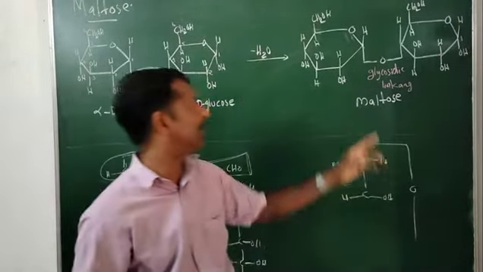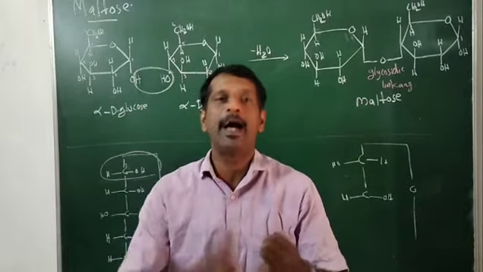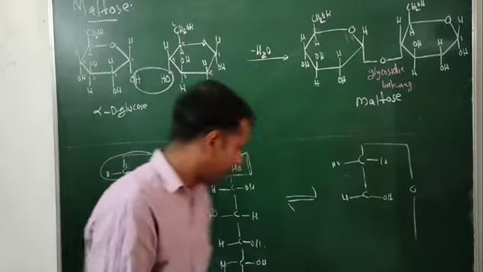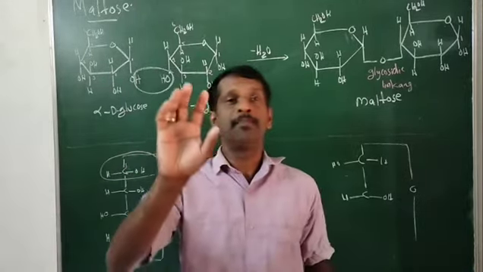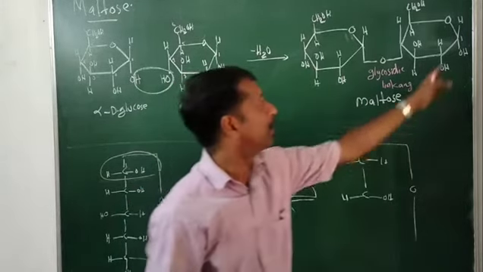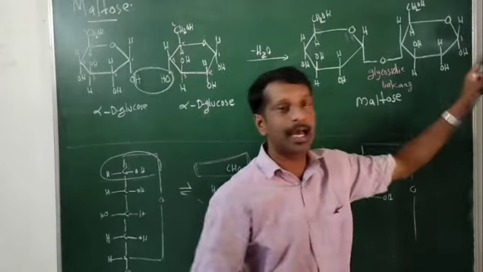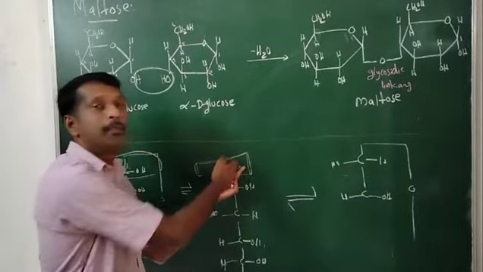That means maltose can exist in alpha form and beta form, one property. And the other property: maltose can act as a reducing sugar. Why can it act as a reducing sugar? Because the C1 CHOH form can exist in equilibrium with the aldehyde form, and the aldehyde group is a reducing group.